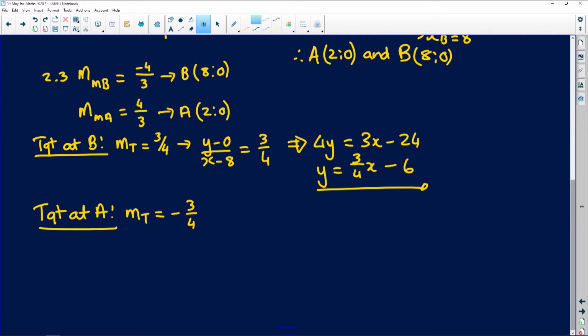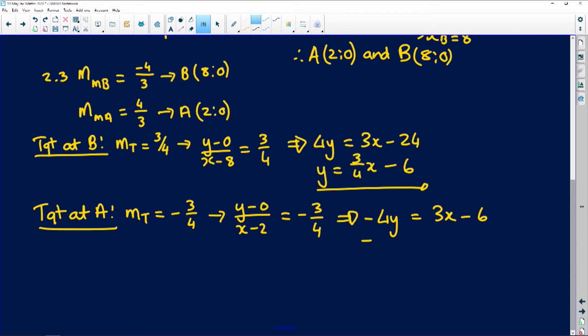So finally, I can say y minus 0 over x minus 2 is equal to the gradient, minus 3 over 4. I cross multiply, I'm going to take the negative with the 4. So I'm getting minus 4y, which is equal to 3x minus 6.